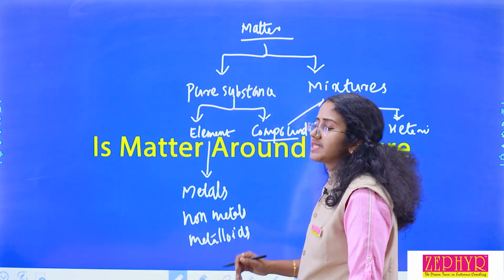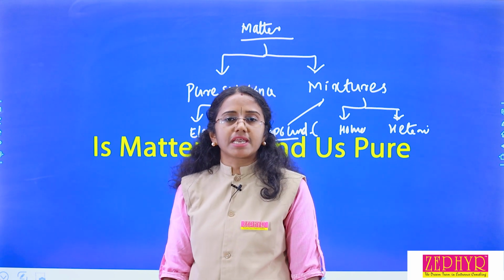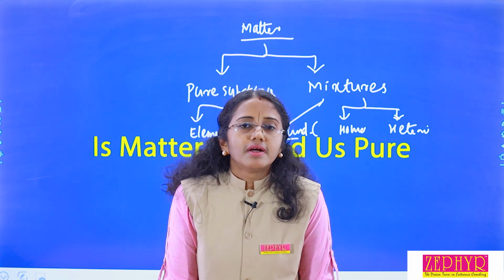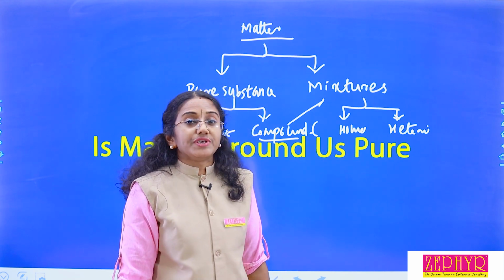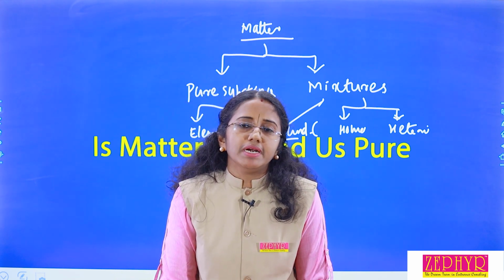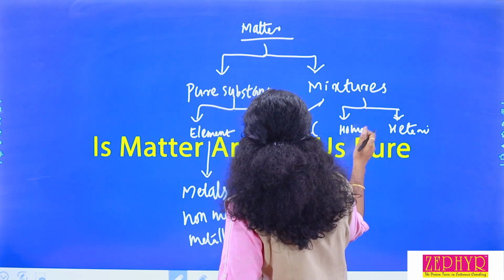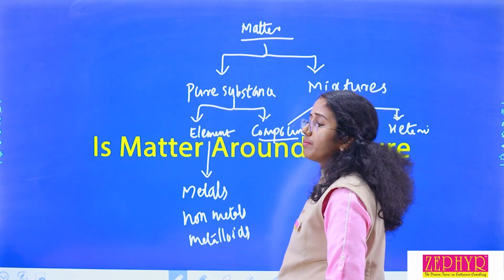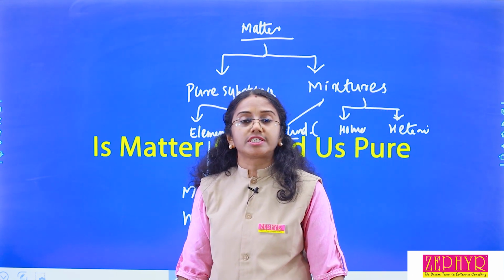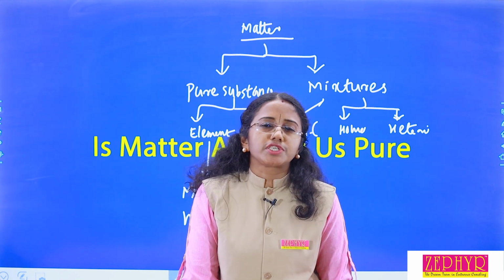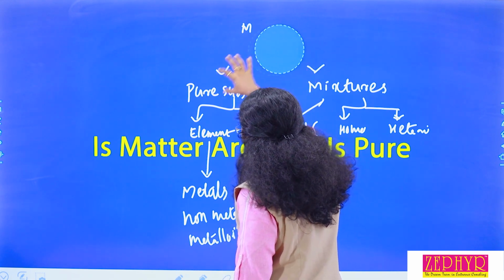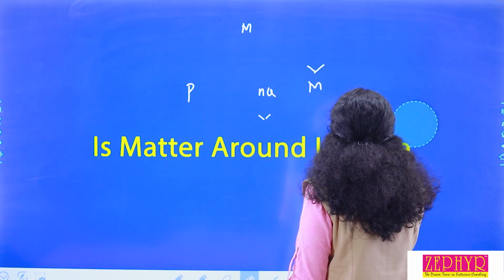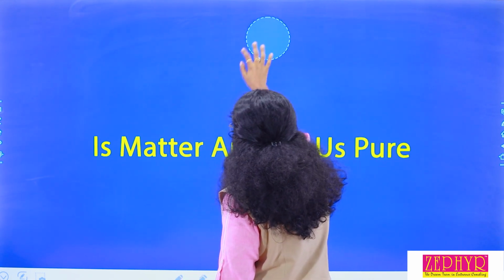Compounds can be separated only by chemical methods, but for mixtures, physical methods are applicable. And a compound does not show the properties of its constituent elements, but mixtures show the properties of the constituent elements. That is all about the concepts in this chapter.